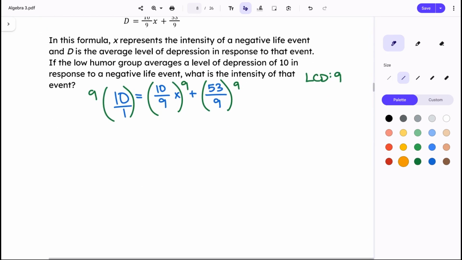So on this first one, I'm just going to take 9 times 10 because there's nothing to cross off in the bottom. So that just becomes 90. What happens on the second fraction? Okay, and for the last one? Yeah, equals 53 or plus 53. Okay, and then we just need to solve. So we're going to subtract 53 first.